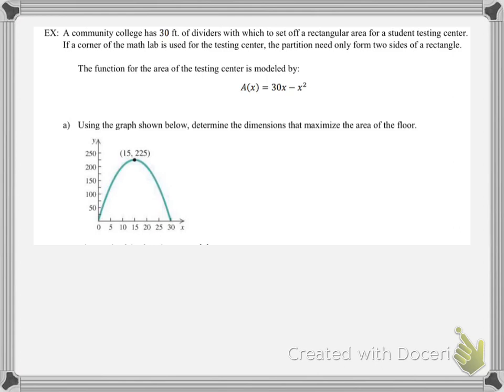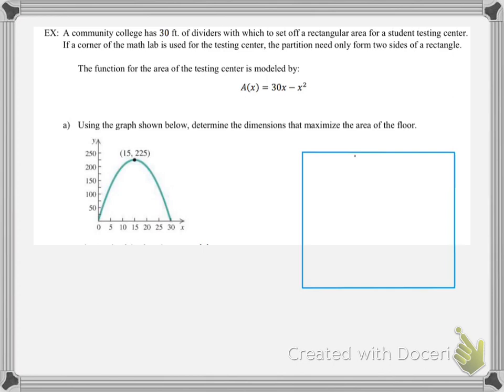So one place this type of thing is helpful is when we have application problems. In this situation, we're talking about a room, and we want to portion off a corner of the room to make a testing area. Yes, a testing center. And they're saying we have a total of 30 feet of dividers, which we can presumably cut anywhere we want.